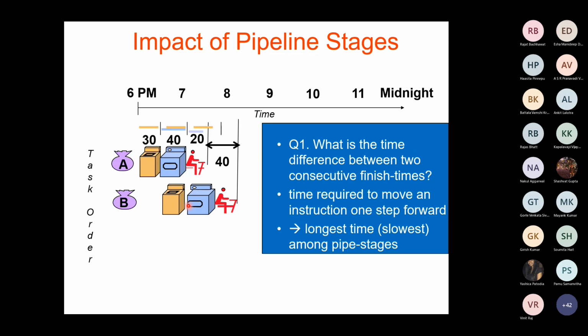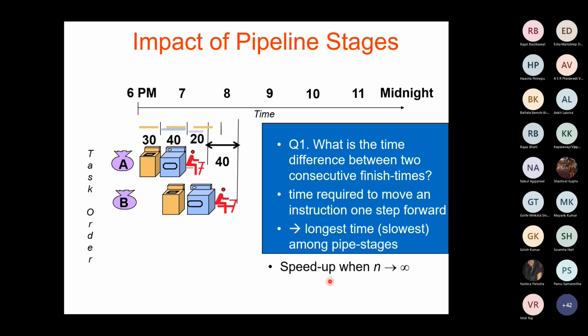After that, every user can finish his or her job in an additional 40 minutes, isn't so? And that's how you calculate that total time is 3.5. So we have two observations here. One is the longest or the slowest pipe stage determines the consecutive finish times or the emission rate.